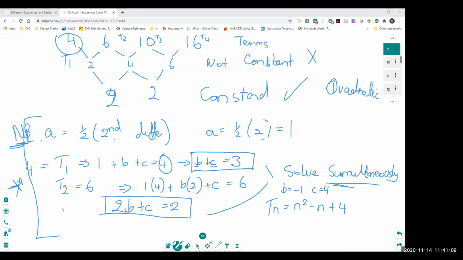Sorry, Suzanne, got a question coming in from a student here. Why do you multiply the A equals a half by 2? Because the second difference is 2, remember? The second difference is 2, and the formula that the note I gave you in the slides was, remember, with quadratic sequences, A is always equal to half the second difference.